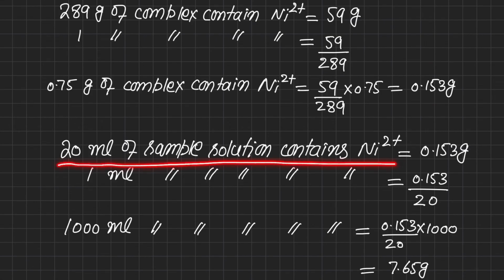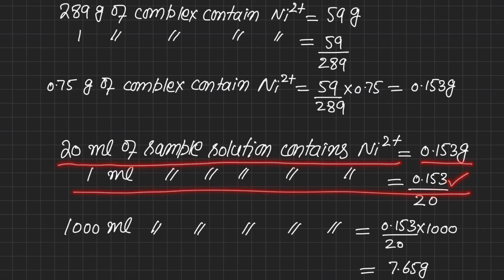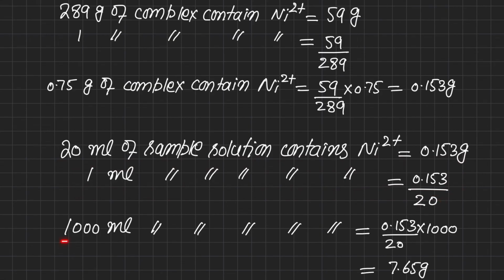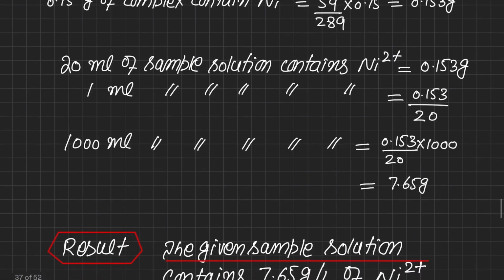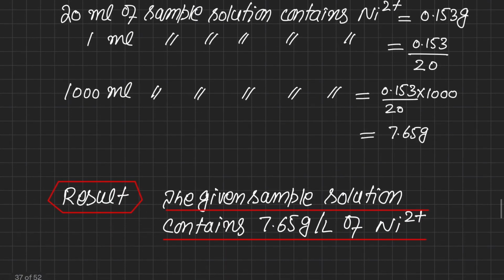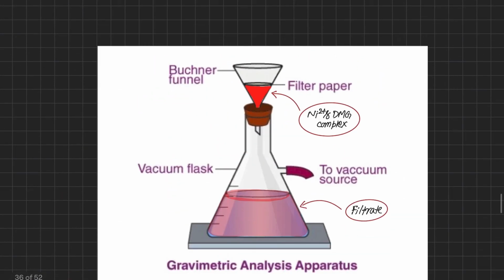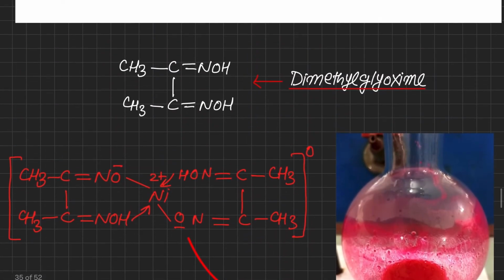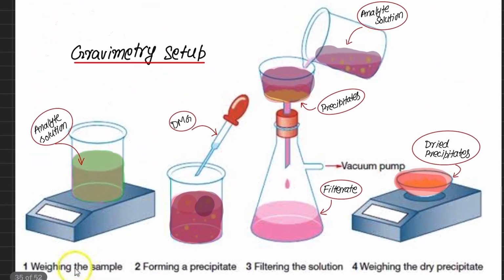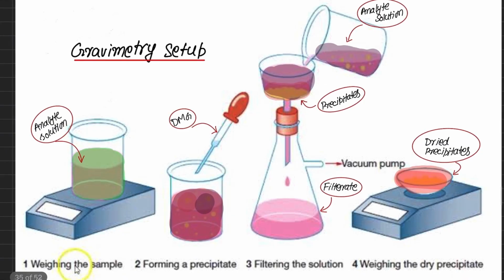So 20 ml of sample solution contains nickel 0.153 gram, so 1 ml will contain 0.153 divided by 20, and 1000 ml or 1 liter will contain 0.153 divided by 20 multiplied by 1000. So it is 7.65 gram. This is the result of this gravimetric procedure: the given sample solution contains 7.65 gram of nickel plus 2.